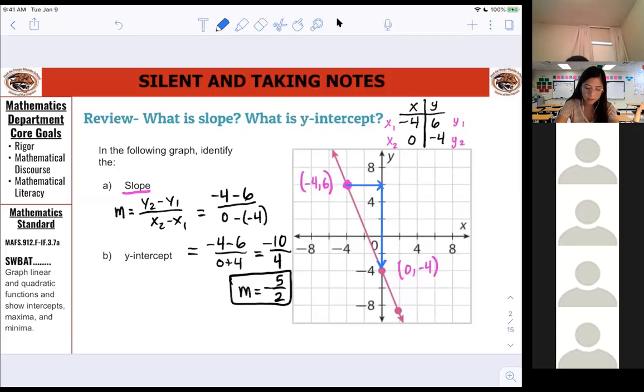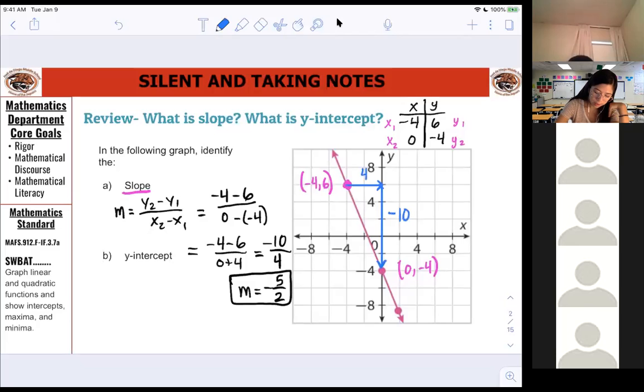So when I count my run, I count by 2s, what do I get? How many units is it going across? 4 units across. Counting by 2s, how many units is it going down? 10 units down, so that's going to be -10.